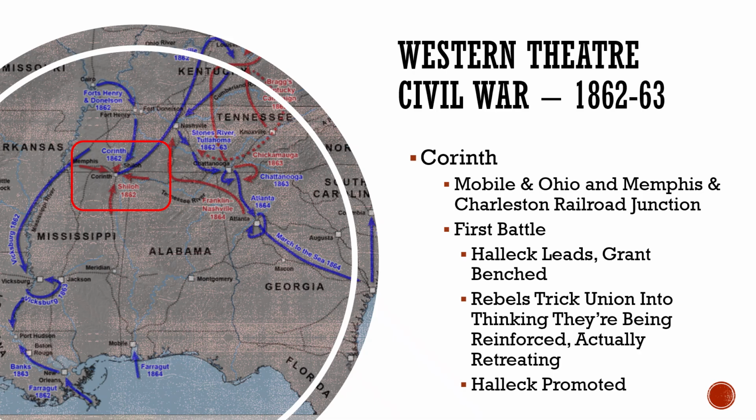They basically tricked the Union into thinking they were being reinforced, although they were actually retreating. Some accounts say that Grant tried to convince Halleck that that's what was happening, but Halleck would not listen. Then eventually Halleck was promoted after this battle, which the Union did win.